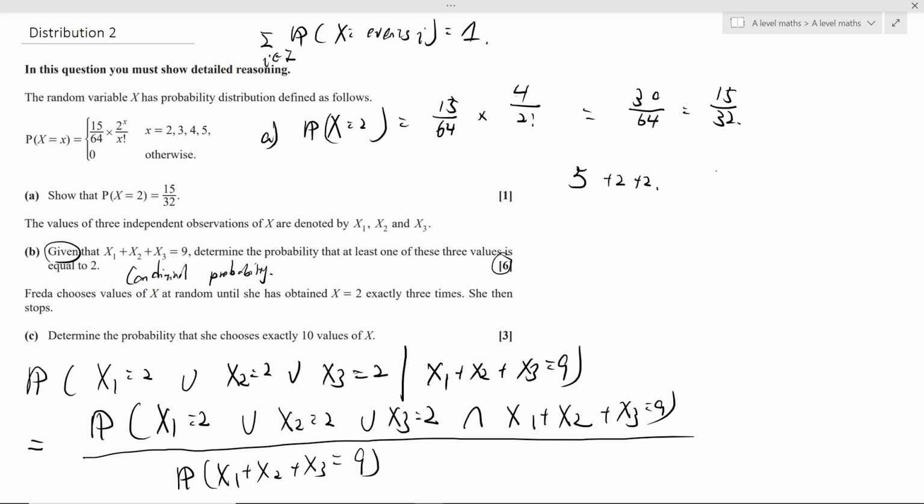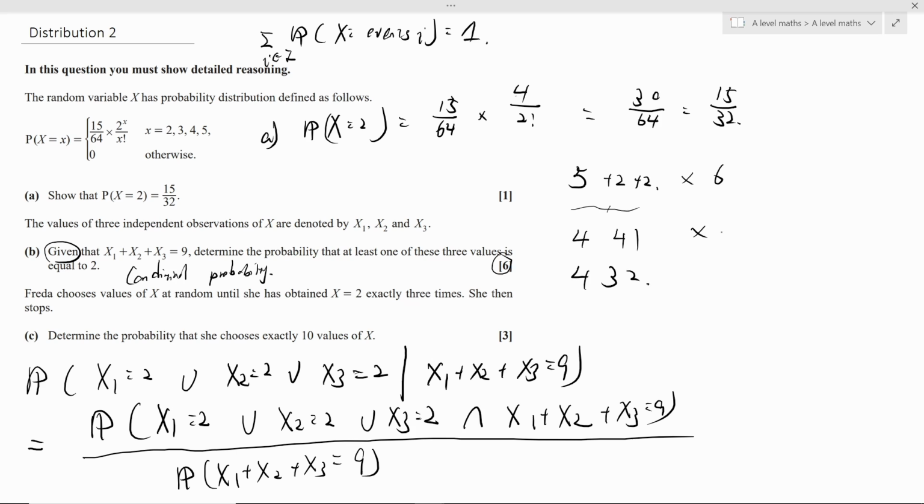You can see there are 3 factorial ways to arrange the numbers, so that counts for 6 combinations of 5, 2, 2. The two 2s are distinguishable, because X1 and X3 are independent, so we have 6 of these events. Next, if the greatest number is 4, then the other parts would be either 4, 4, 1, or 4, 3, 2.